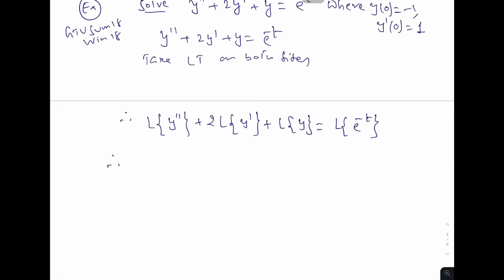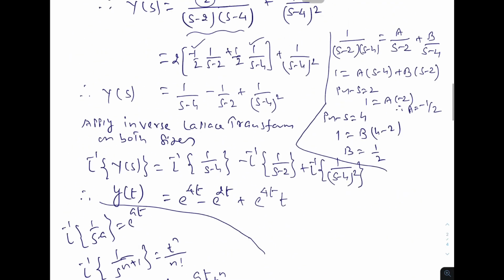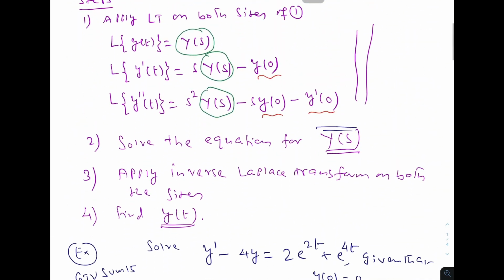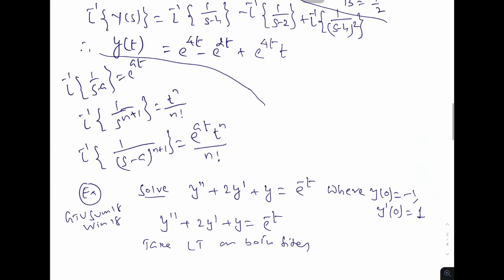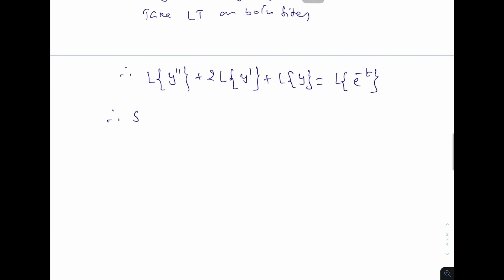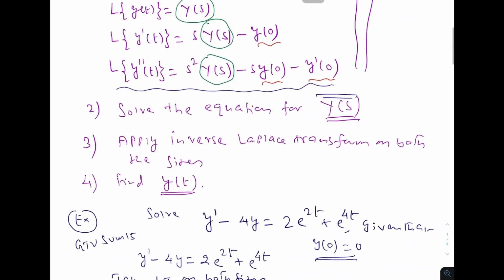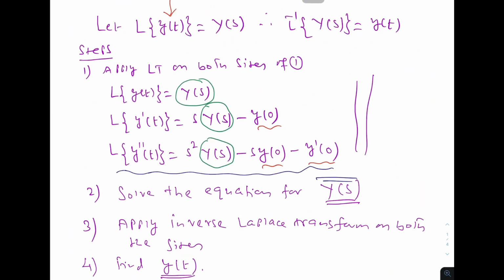Now the Laplace transformation of y second derivative is s square Y(s) minus s y at 0 minus y dash at 0.